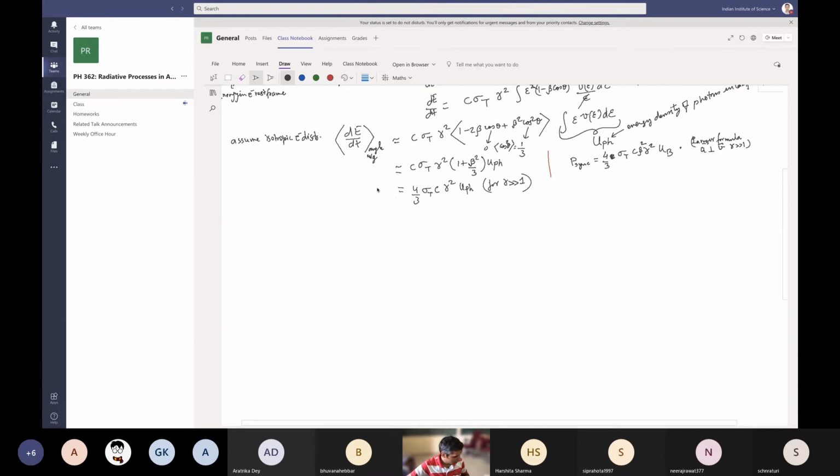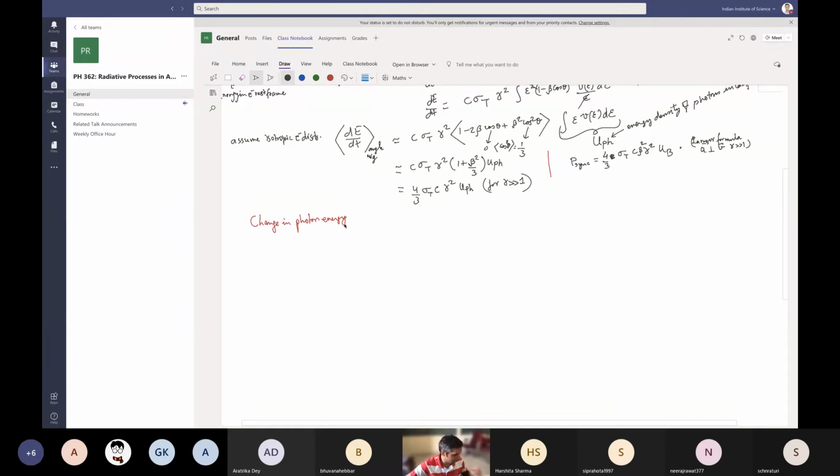Okay, so this is the energy of scattered photons. What about the change in photon energy? Initially, your original photons also had some energy, so you want to subtract that.